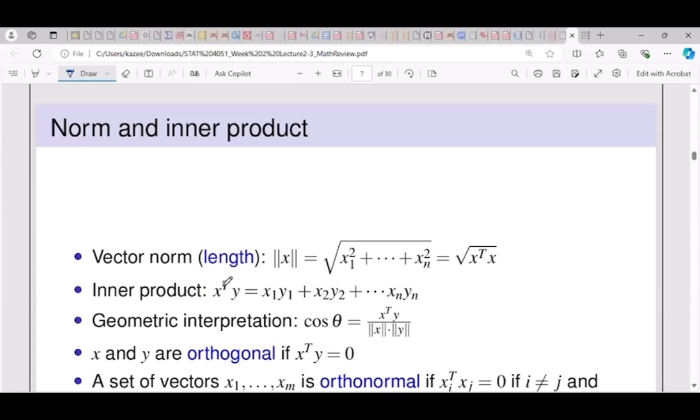When you take a look at the inner product, that is another matrix multiplication. In the structure, you can say the transpose of X multiplied by Y. Imagine if you don't put a transpose, you just multiply X by Y. That will be complicated.